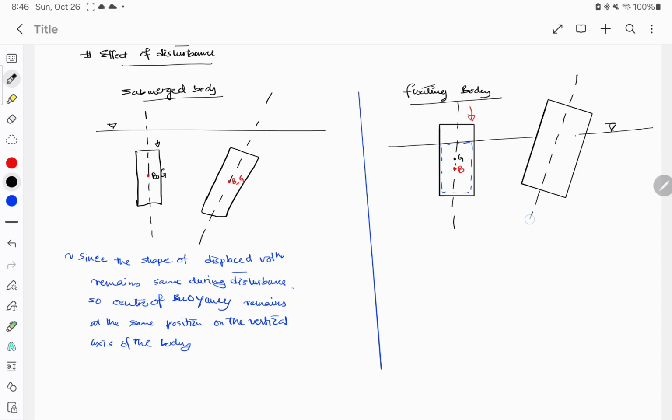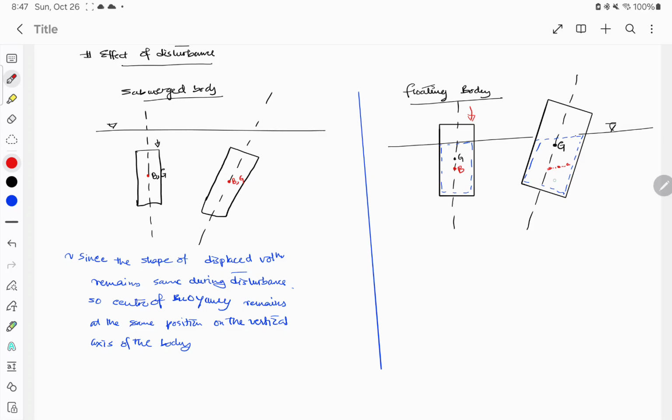The axial line will be tilted enough, and we can see that now the liquid displaced by the body has changed. It has taken a shape of something, which means what? The center of gravity of the body remains same. However, the center of gravity of the displaced fluid has now changed, and it will shift in the right direction.